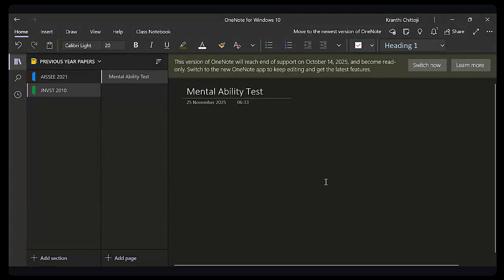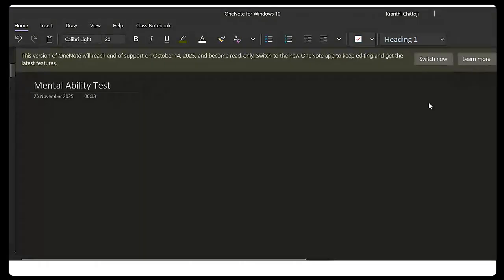So Navodaya 2010 paper we are discussing today. First we'll start with mental ability test.